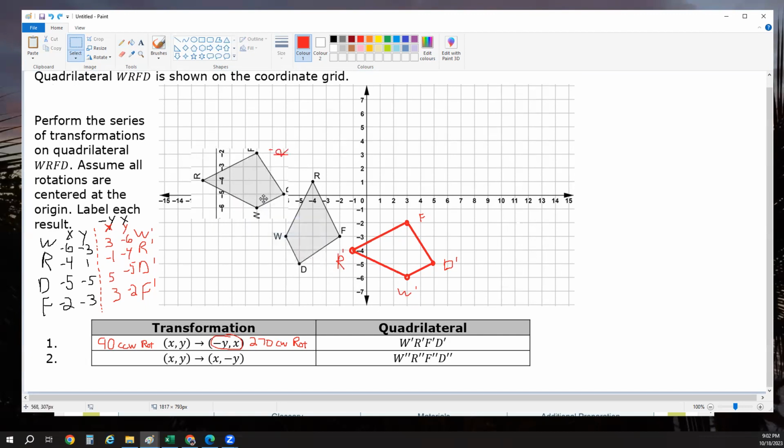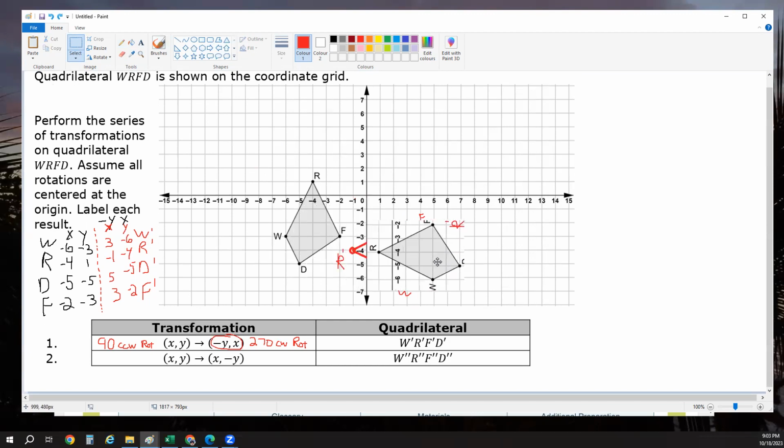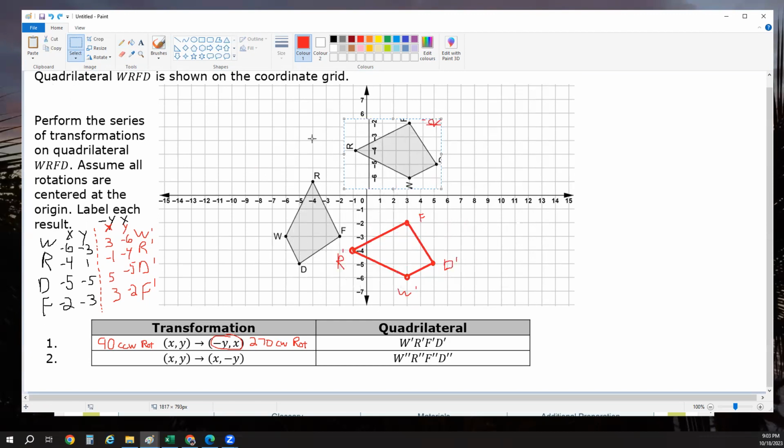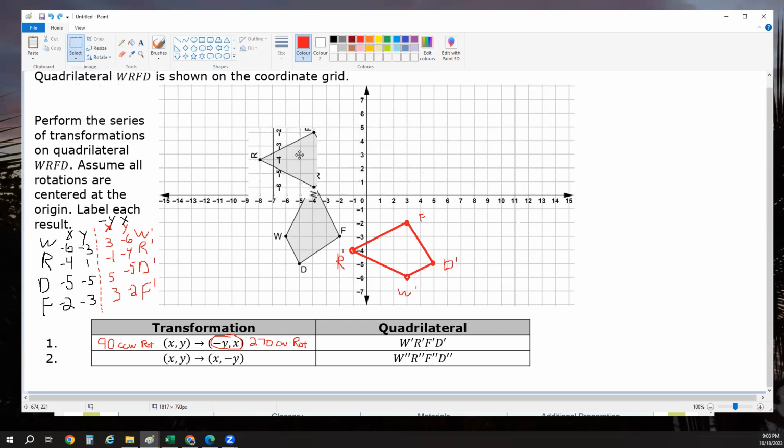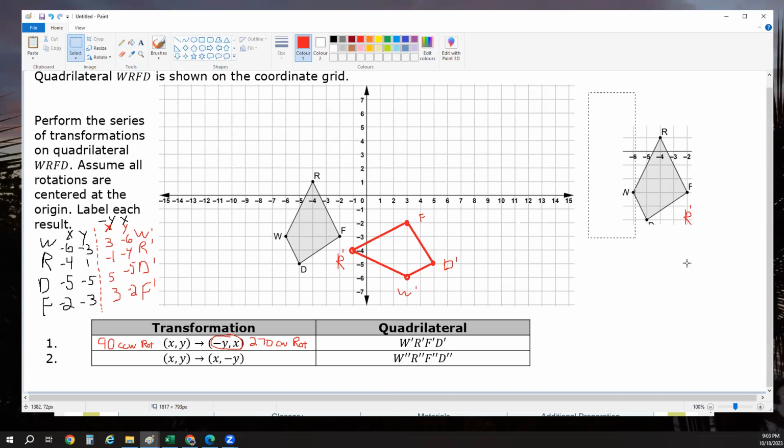And then if I do that, I can see that. I gotta make it transparent.